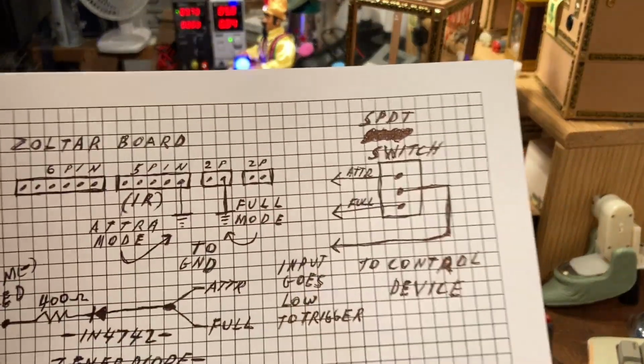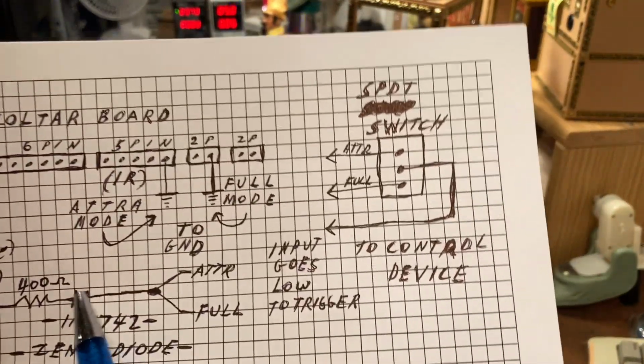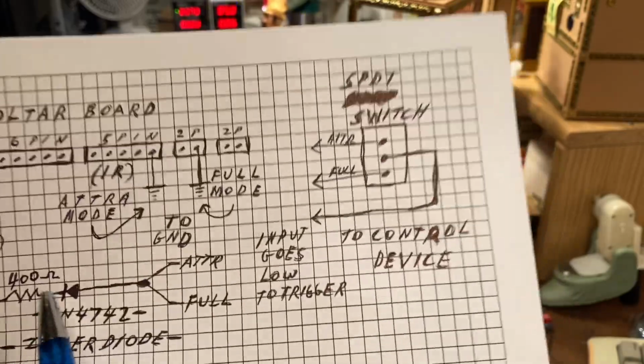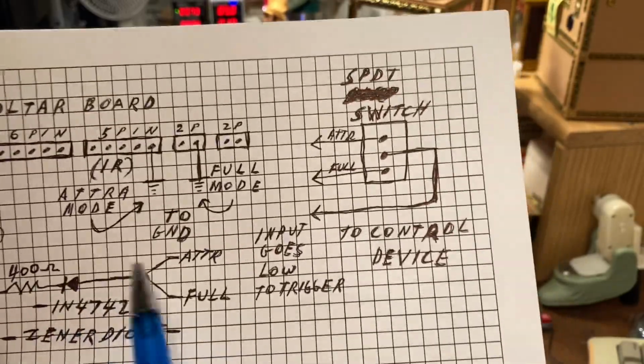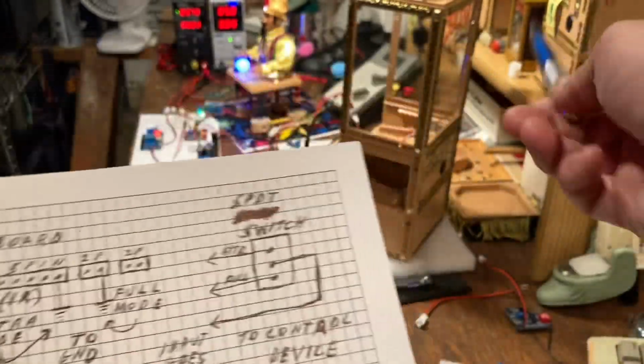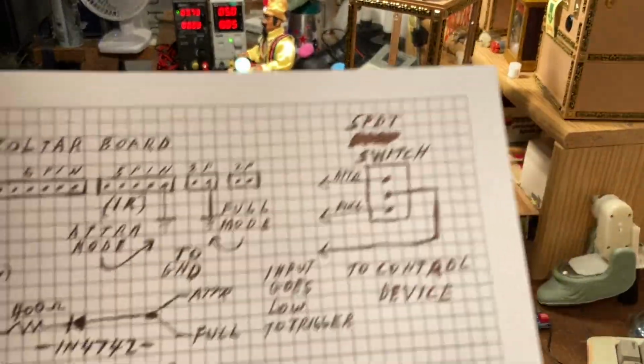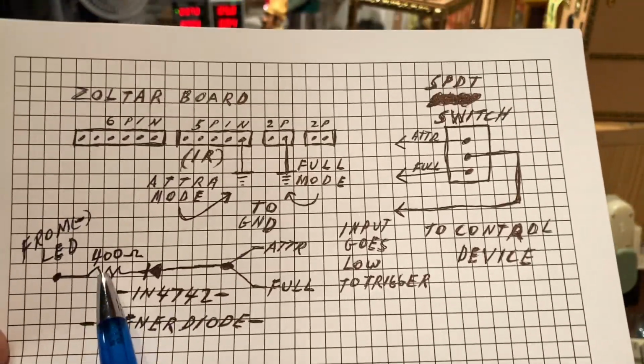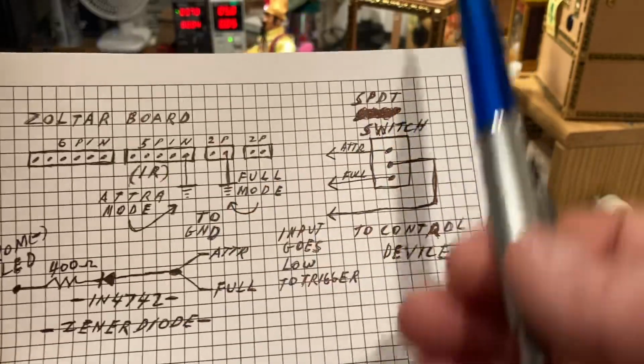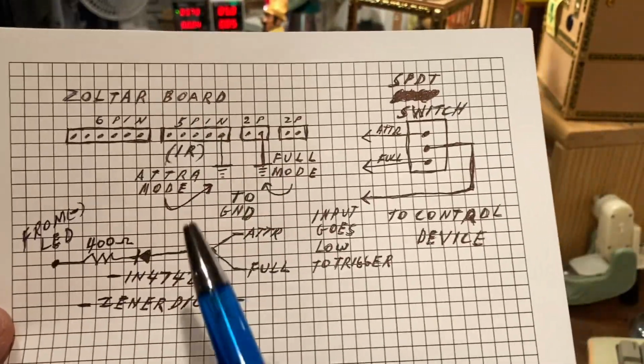So I had to make this little circuit, and the Zener diode clamps the output and keeps trickle current from coming back out to here. Otherwise, like I said, it was goofing with that IR sensor. And the 400 ohms is just another way to knock the current down a little bit.